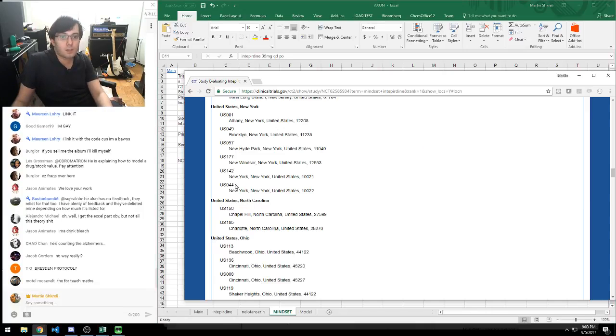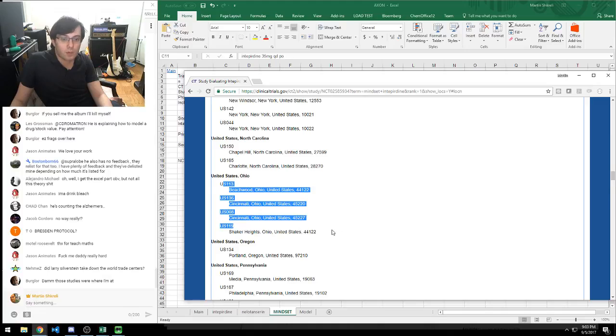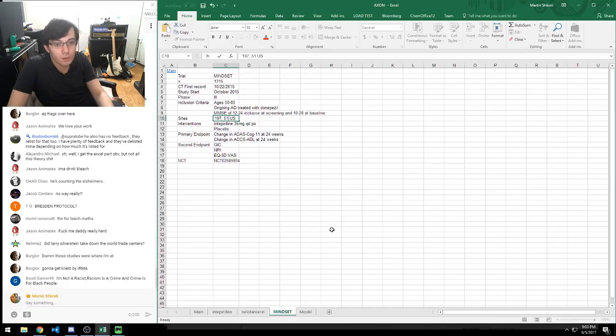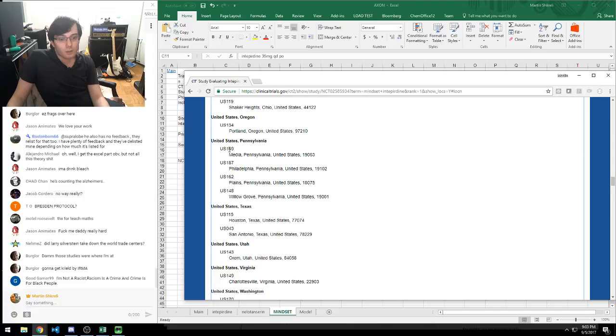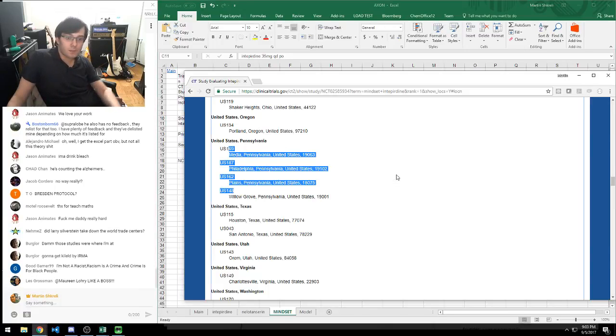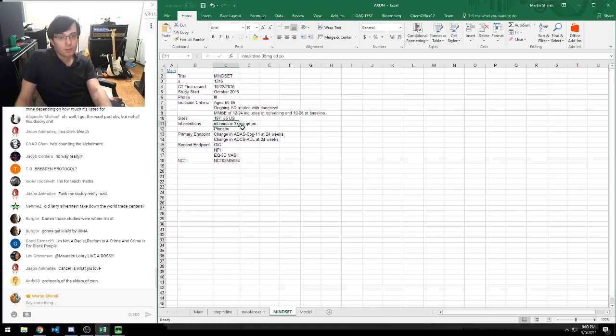And you'll see why this is actually very important in a second. 2 more in North Carolina, and 4 more in Ohio makes 6 more. So 45 and 6 is 51. 1 from Oregon and 4 from Pennsylvania makes 5. 5 and 51 is 56. 2 in Texas, 1 in Utah, 1 in Virginia, and 1 in Washington are 5. So we've got 61 in the US.